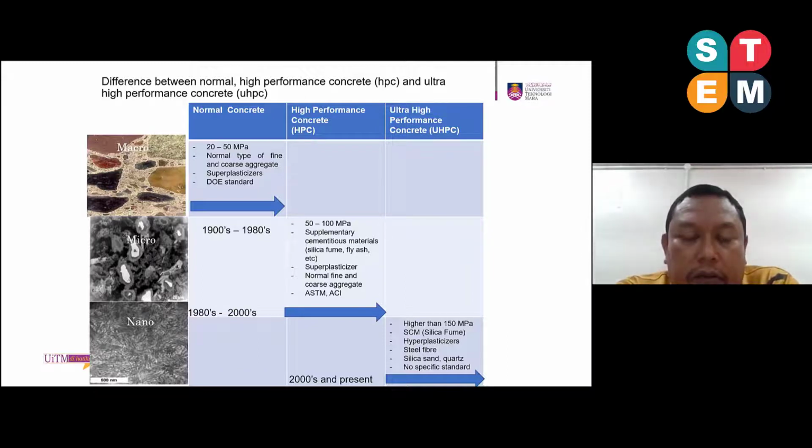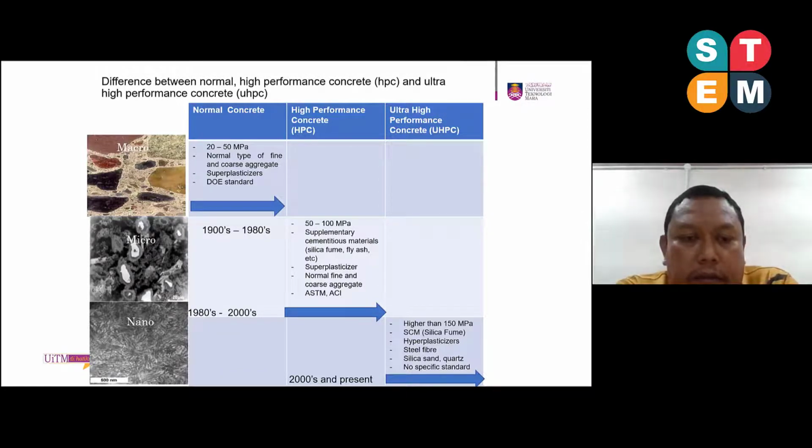The normal practice for UHPC design is using silica fume to enhance the strength from more than 100 to 150 MPa. A new generation of admixture called hyperplasticizer is adopted, and to cater for the brittleness of the design, they add steel fiber for the tension zone.